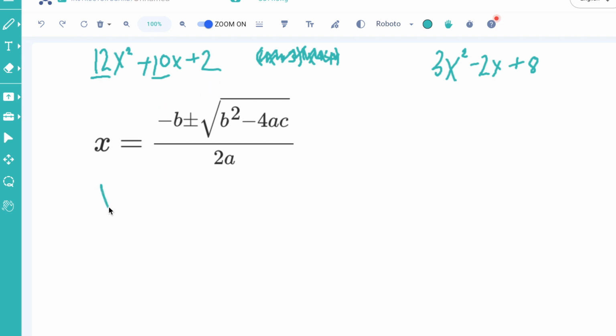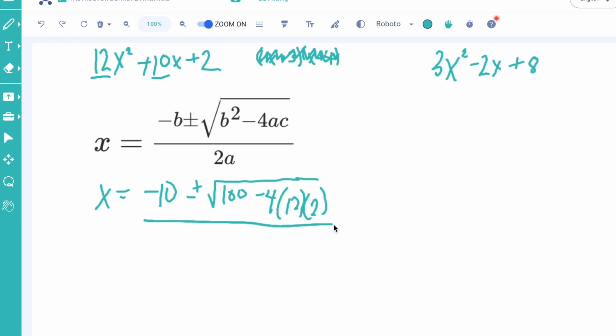So x equals negative b plus or minus the square root of b squared minus 4ac all over 2a. All right, so I did already square the 10 to get 100.